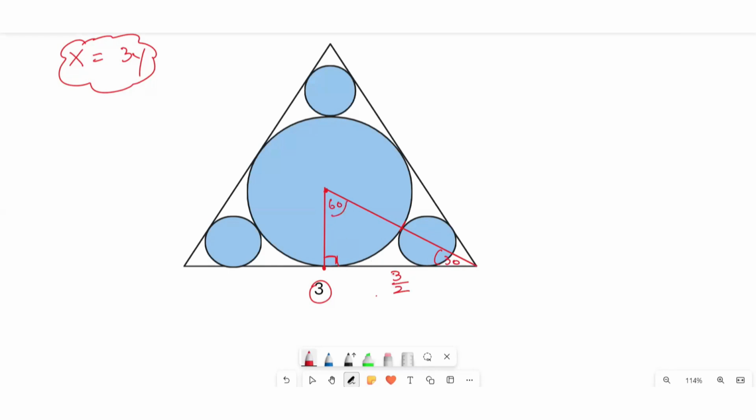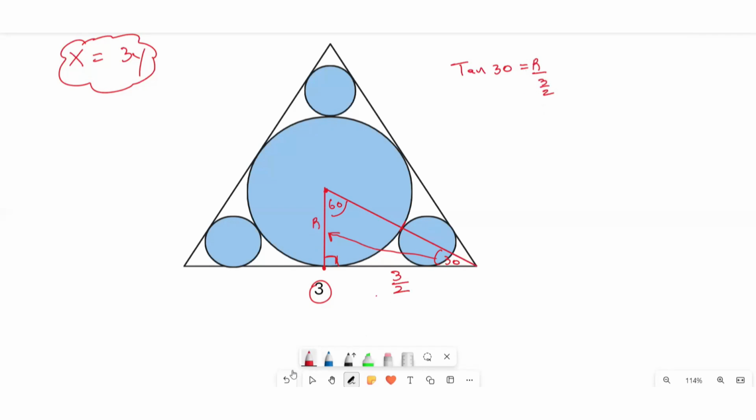So what it means then is that I am able to work out the real measurement for this by using the SOH CAH TOA, or I could use back my same 60-30 triangle. Let's just say we're using SOH CAH TOA. So it could read that the tangent of 30 degrees is equal to this radius. Let us say I call that my big R, which is the radius, over 3/2.